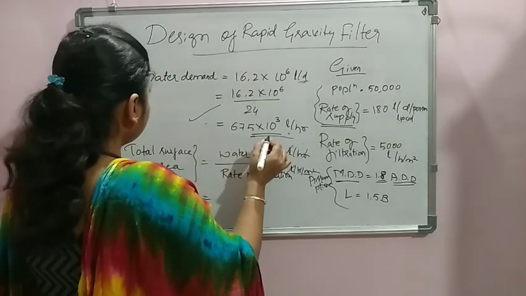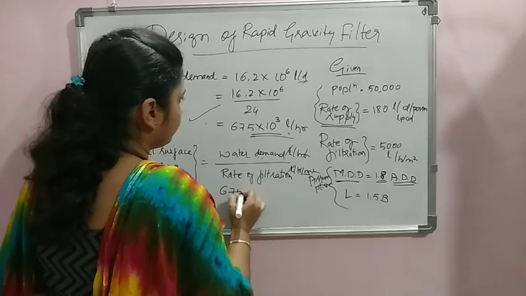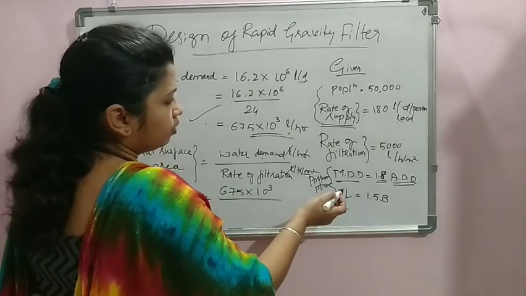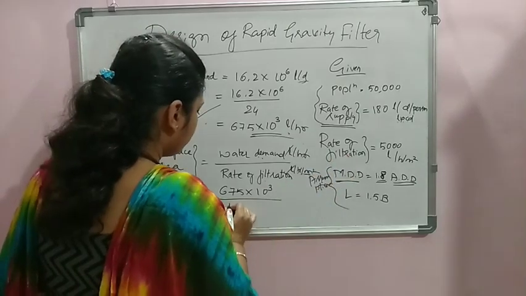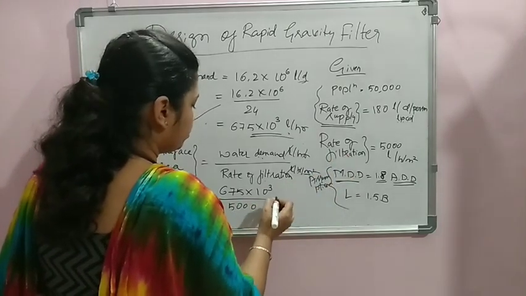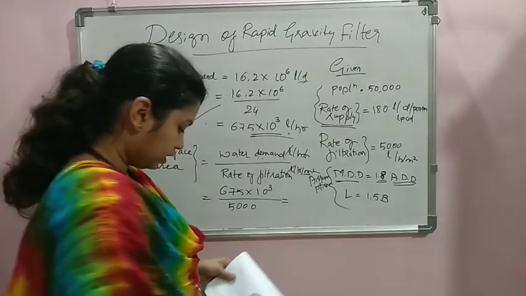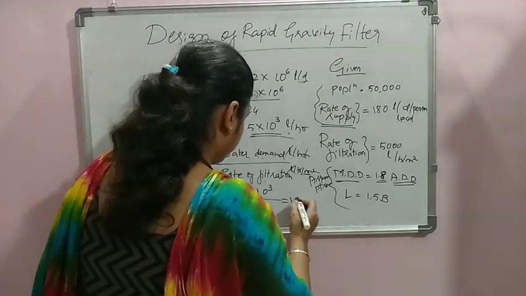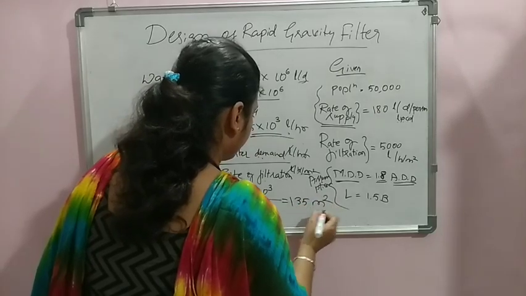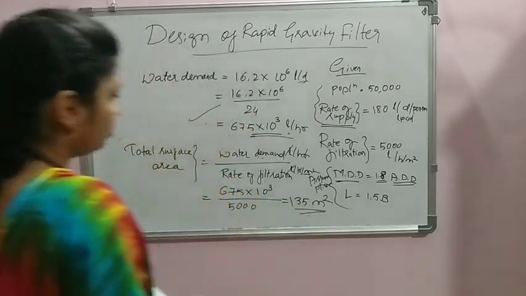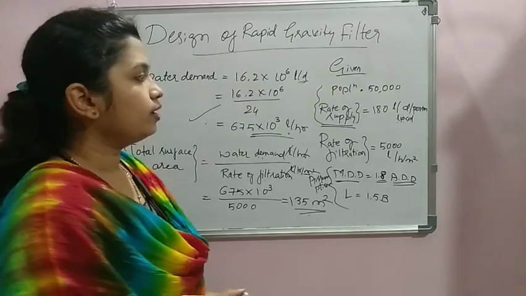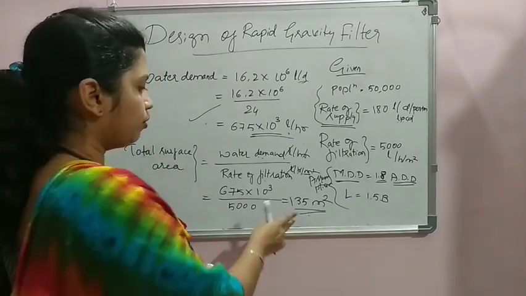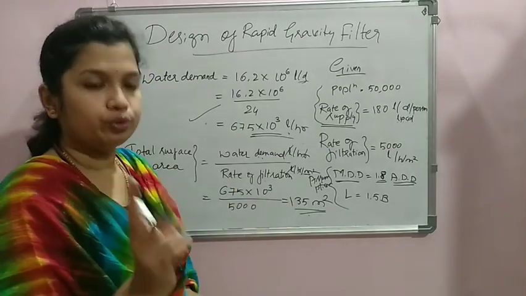Now the water demand is 675 into 10 raised to 3 divided by the rate of filtration, which is 5000 liters per hour per meter square, and the answer comes to be 135 meter square. This is the area that is required, and here they have specified 2 units have to be designed. So we have to divide this area among the 2 units.